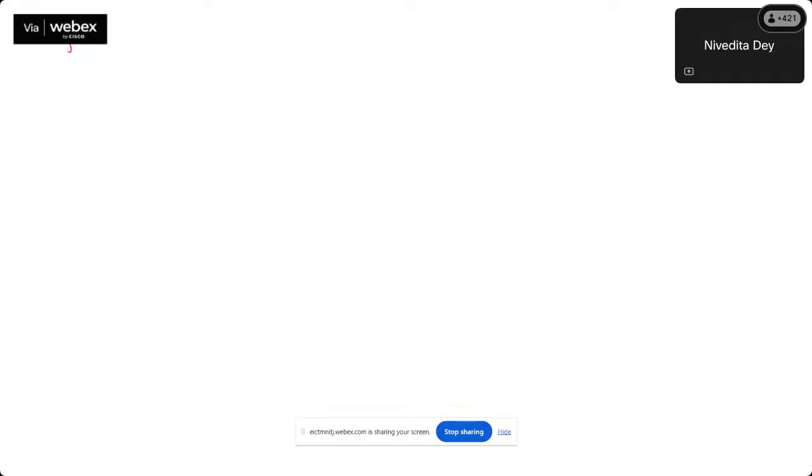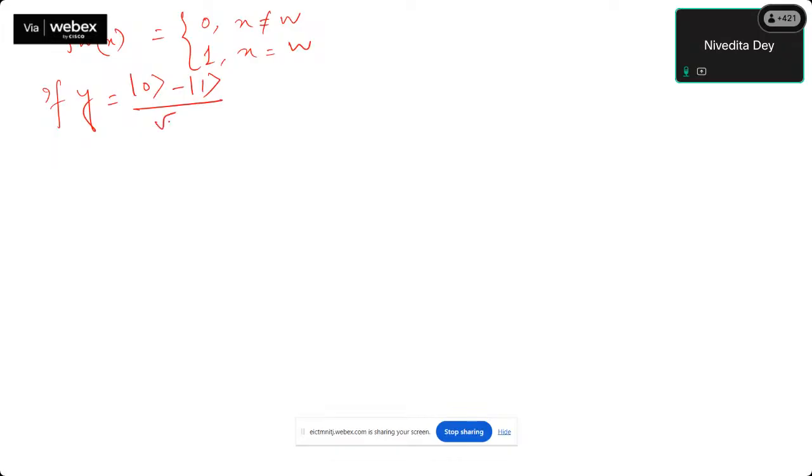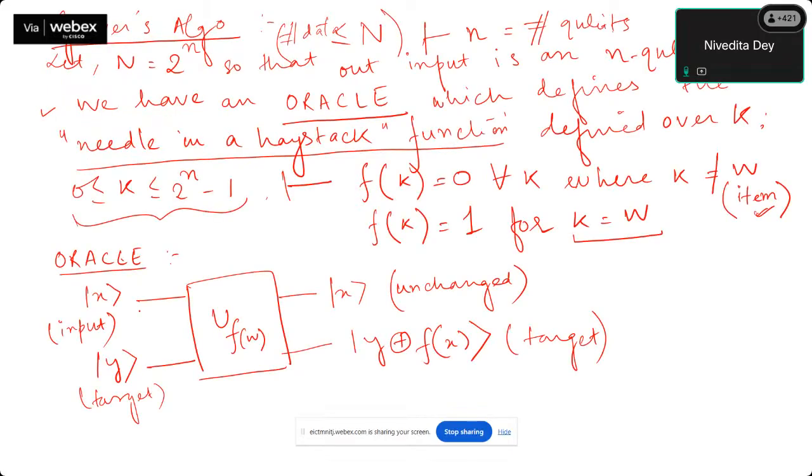Now f of w of x is equal to 0 where x is not equal to w, and 1 for x equal to w. So on that note, say my y is equal to ket 0 minus ket 1 by root 2. You might ask how we can define this. Y is your target, so you can realize it because if you have initially 0 and feed it to an X gate, or NOT gate, it will become 1.